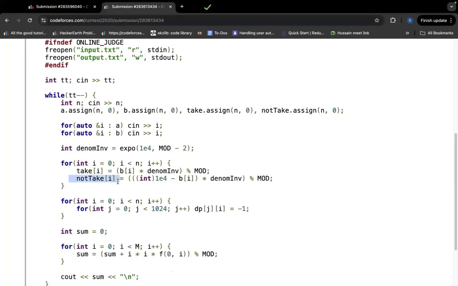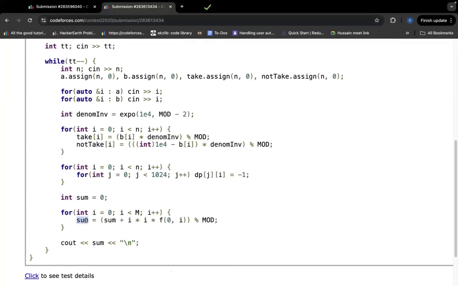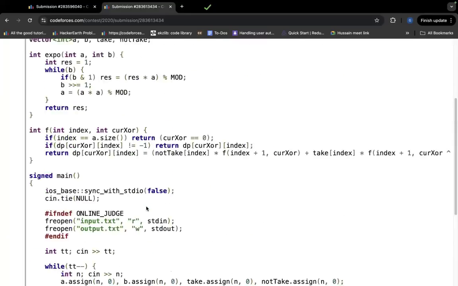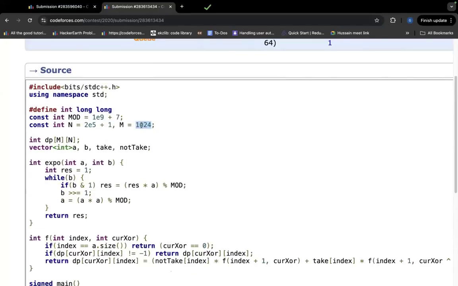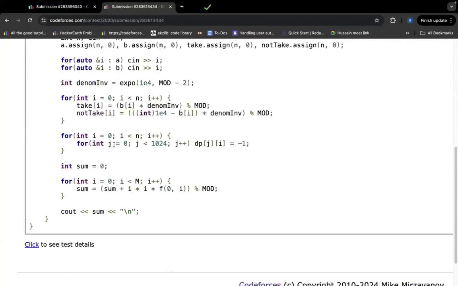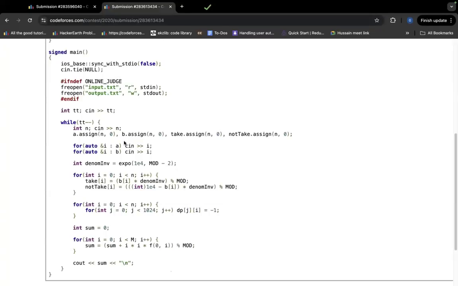And the probability of not taking i is 1e4 minus b[i] into denominator inverse. All right. Then I just set my dp and then I call this. So sum is equal to sum plus i squared into dp of 0 comma i, where this i is nothing but the mod. Mod runs from 0 to 1023. Yes or no? Is this much clear? Like what I'm doing here?